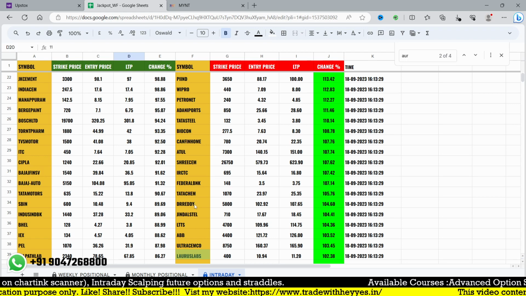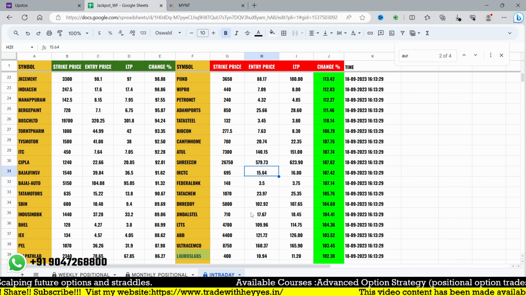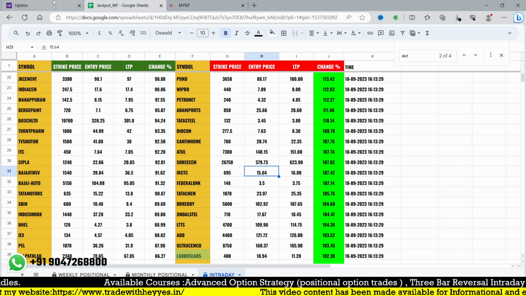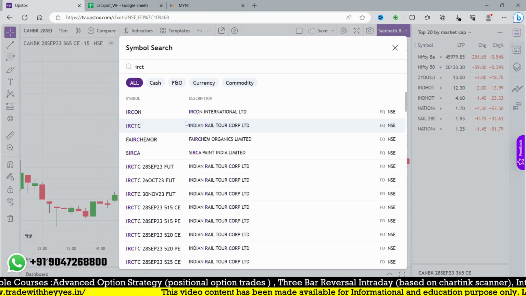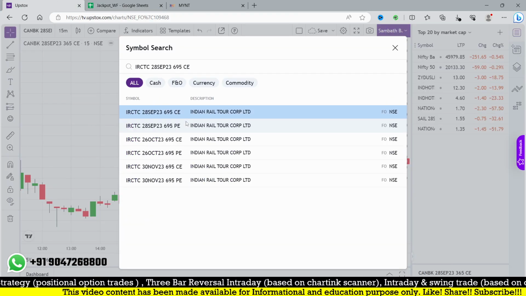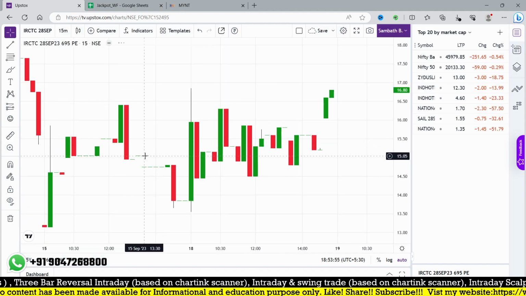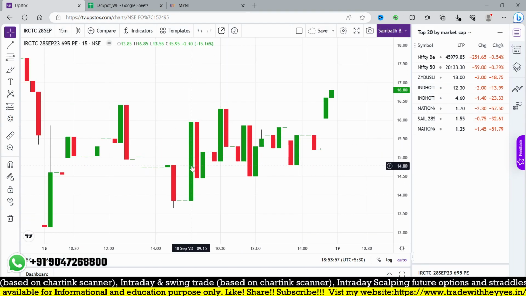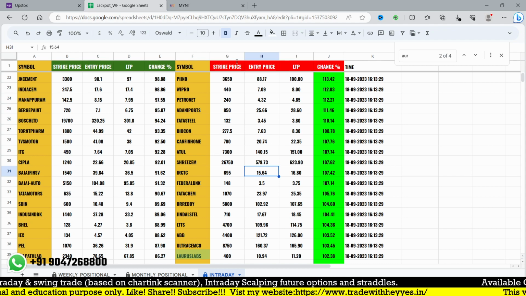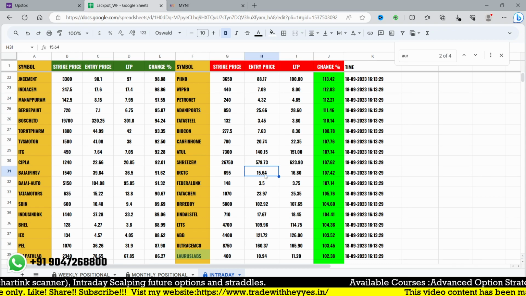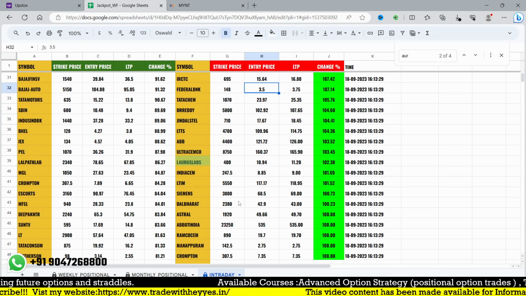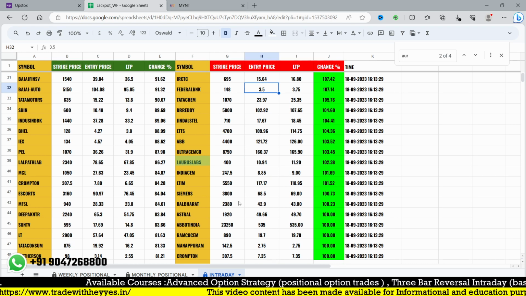So for example, HDFC City doesn't trigger our entry point. First 15 minutes, 695 put option. Let me go for the IRCTC 695 put option which I am looking for, and you need to check that first 15 minutes 16.85 and 15.6, that is also triggered, and Federal Bank. So like that you just confirm whether it is triggered or not.